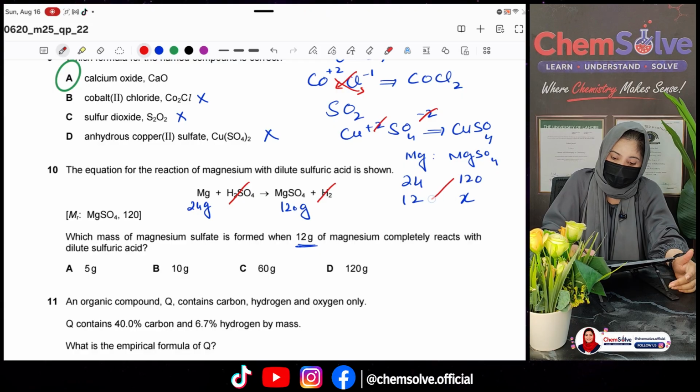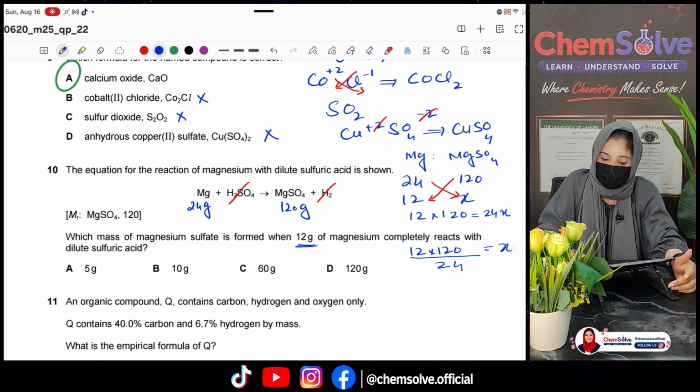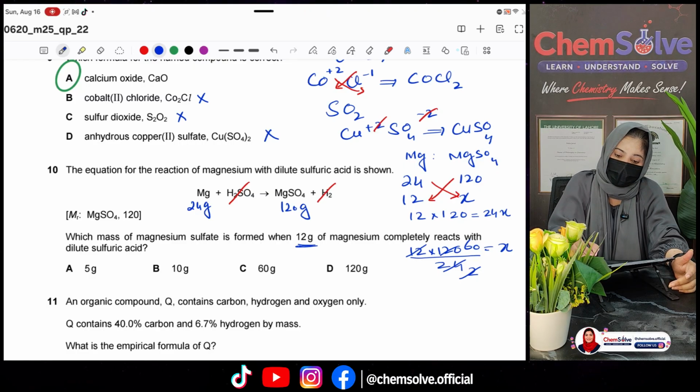So we will just cross multiply them like this, and it would be 12 multiplied by 120 is equal to 24x. We need only x, so 12 multiplied by 120 divided by 24 is equal to x. 12 ones are 12 and 12 twos are 24. So this would be 60. So this is the correct option.